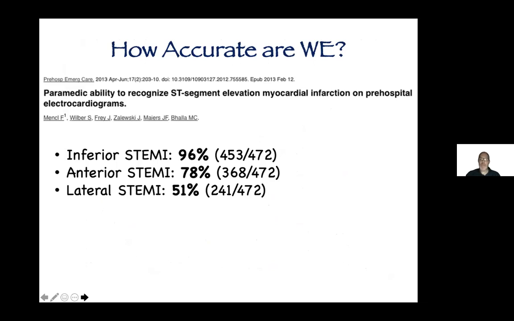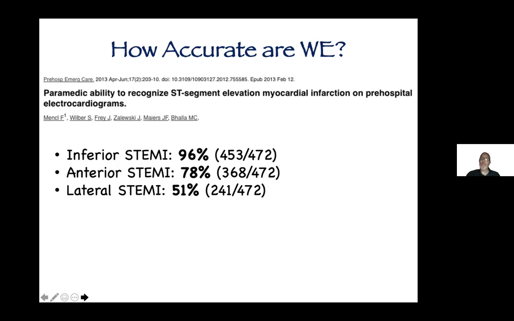About 96% of those 472 paramedics correctly identified an inferior STEMI. That's not surprising, because inferior MI is like the bunny slope, right? It has very specific and predictable changes, both in where its indicative changes are and where its reciprocal changes are.